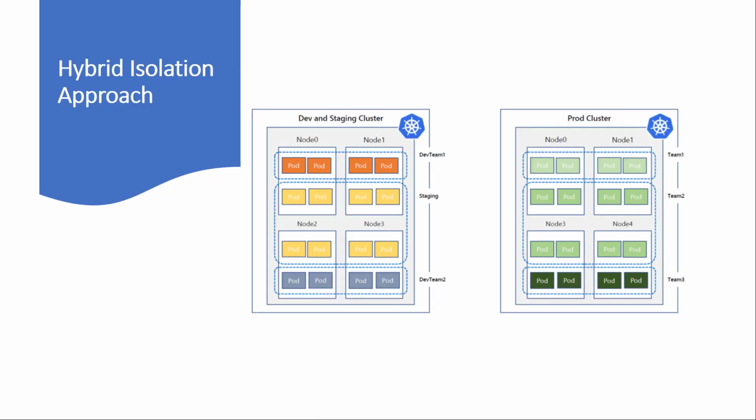Moving on, the hybrid approach makes sense, because you can combine and take advantage of physical isolation as well as logical isolation. As this diagram very clearly explains, you have a dev and a staging cluster, which have been further segregated for different teams: dev team 1, staging, dev team 2. Again, this could be any structure that meets your business and workload requirements. Then you have a production cluster with team 1, team 2, and team 3, segregated by namespaces.